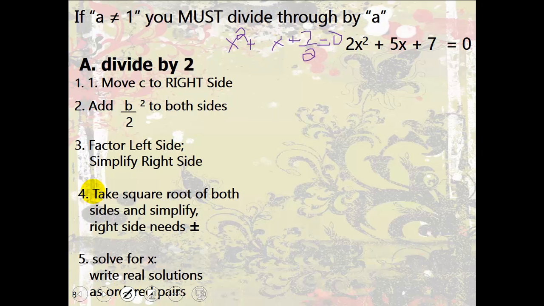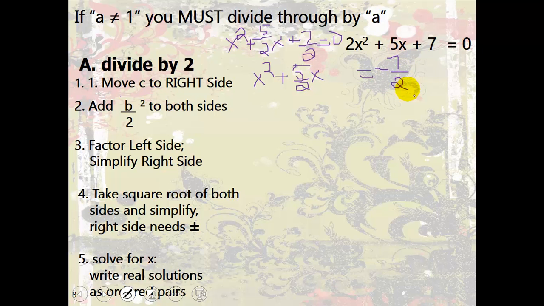Make sure you can read that. 5 halves. Okay? Now I'm going to move c to the right, which is my 7 halves, and I get x squared plus 5 halves x equals negative 7 halves.